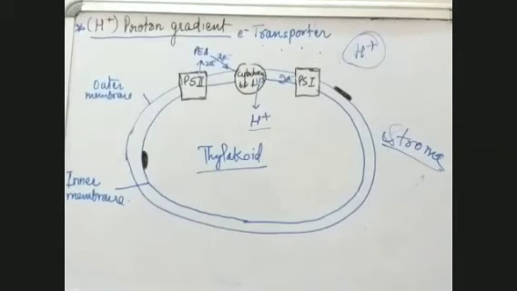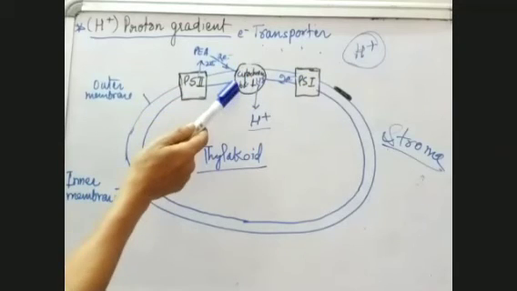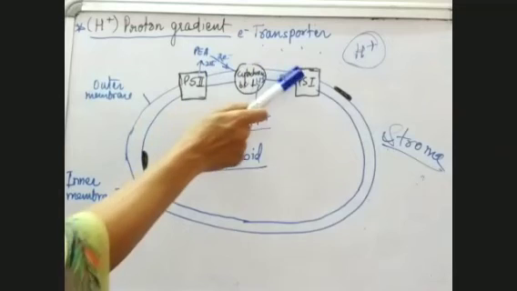Deepika, fine, it's clear. Okay, so this is the first way by which, sorry, not the electrons, the protons, their number increases inside the lumen of the thylakoid. This is the first method. That means while transporting an electron through the cytochrome, it is a hydrogen acceptor which transports it here.